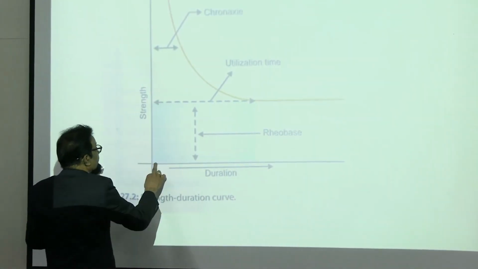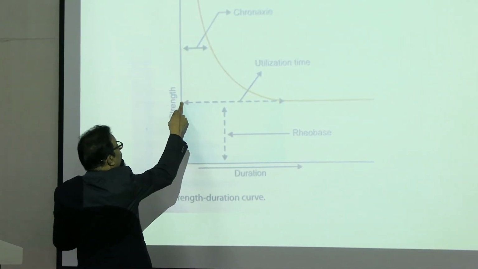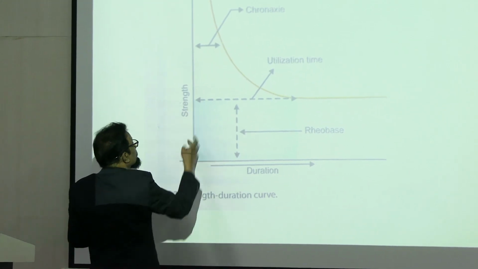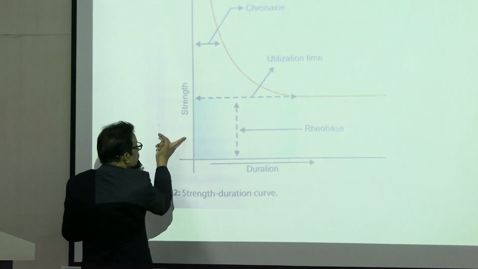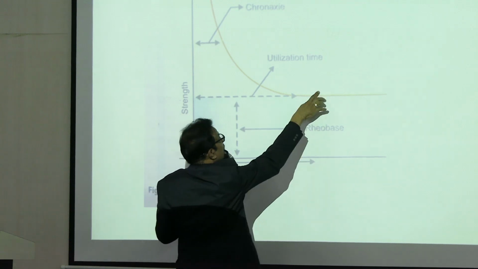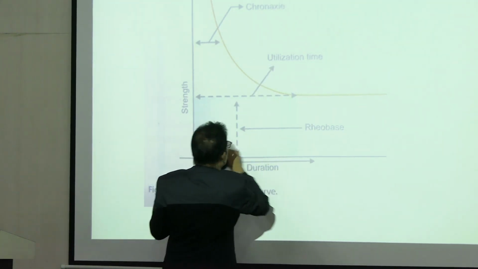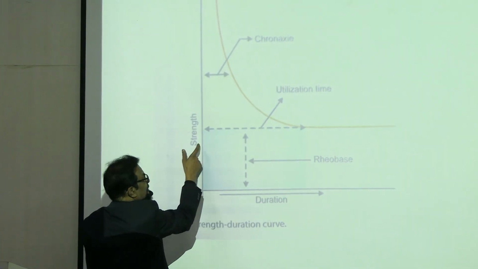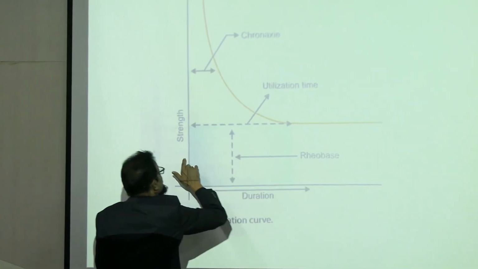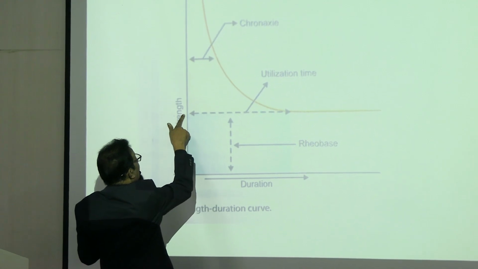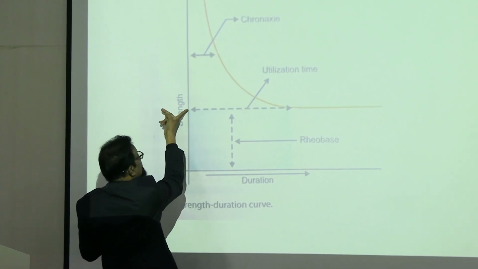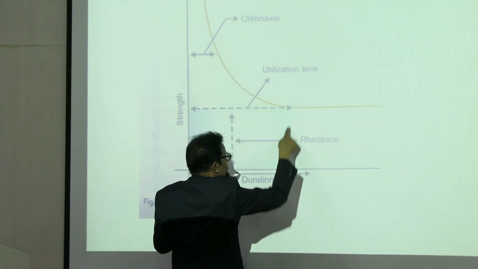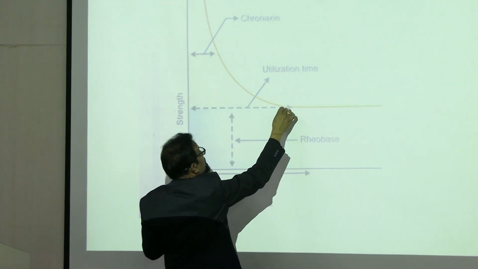So this is the strength. Lapicque's initial strength could not produce any response. So flat line. Here also I increase the strength, flat line, no response. When I gave stimulus here and waited this much time, then a response is produced.